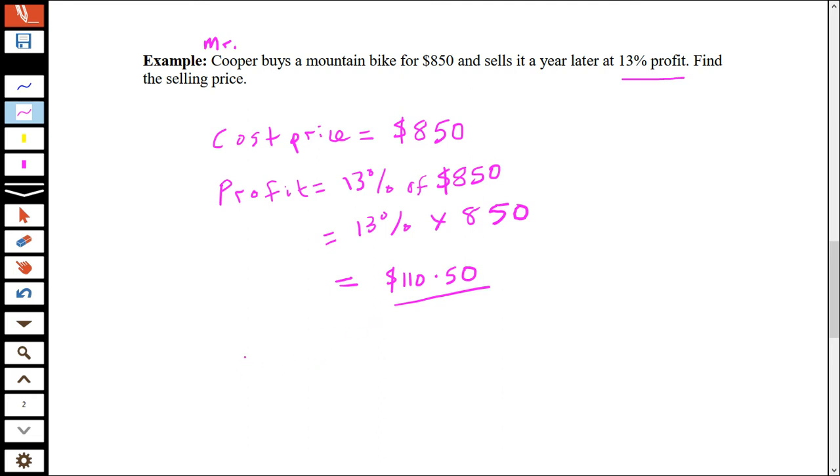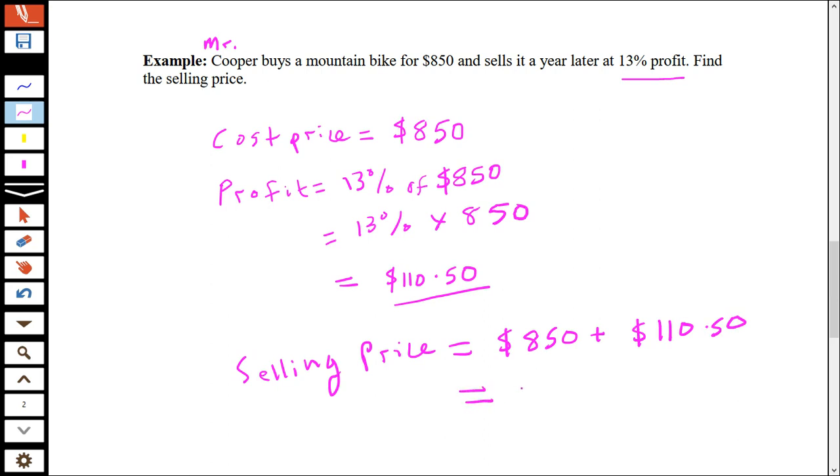So if you're going to now calculate the selling price, well, we're just going to add those two, aren't we? The selling price will be $850 plus $110.50 equals, okay, so add that on your calculator. You should get $960.50. There we go.